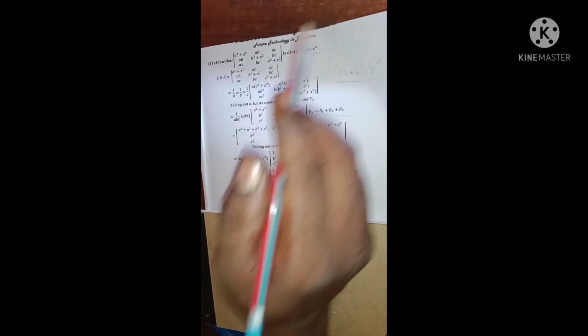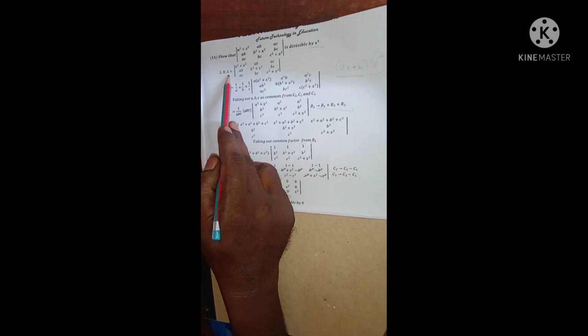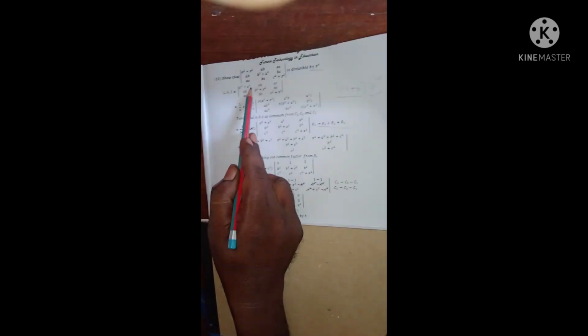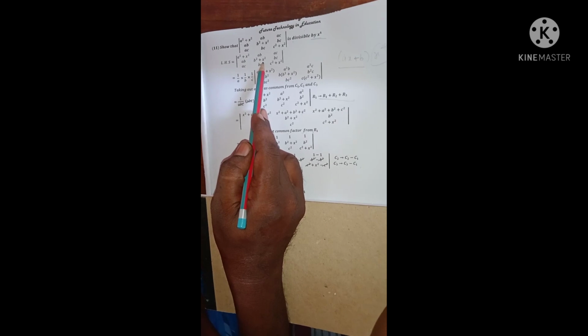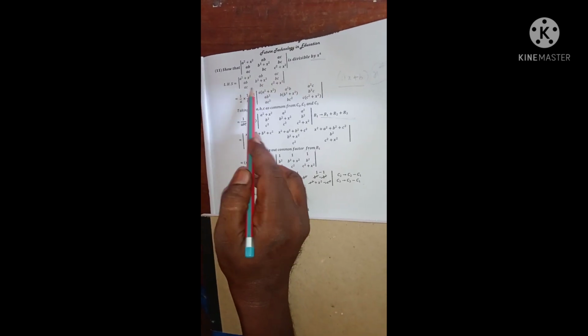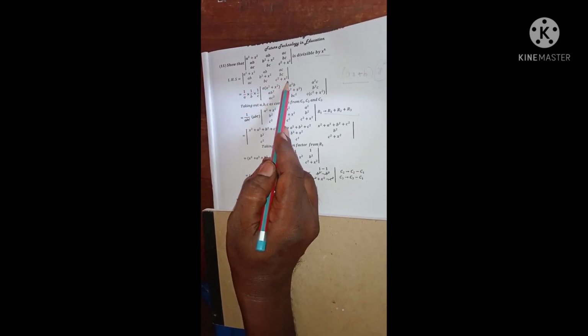That is enough. Now we take the LHS: A square plus x square, AB, AC; AB, B square plus x square, BC; AC, BC, C square plus x square.